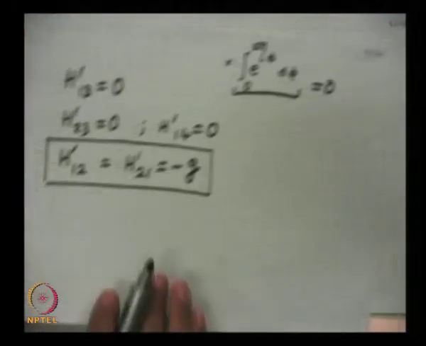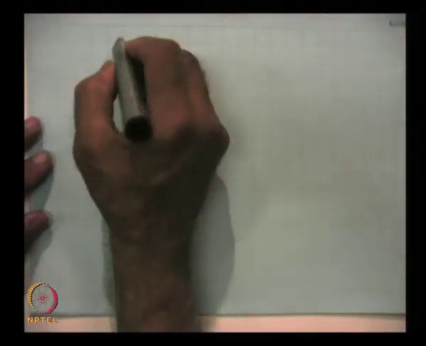So, if I write this down, you may remember that we have to write down this equation. If it is a two-fold degenerate state, you will have a set of 2 equations. If you have a three-fold degenerate state, you will have a set of 3 equations. If you have a four-fold degenerate state, you will have a set of 4 equations.